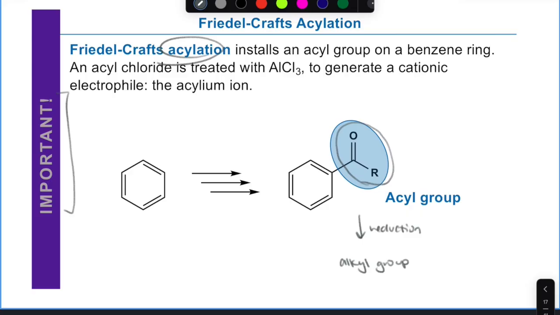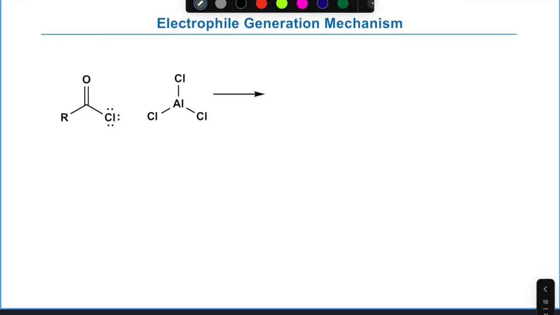So to go over the mechanism, once again, we're forming a highly activated electrophile, and then we're going to react it with an undecorated ring.